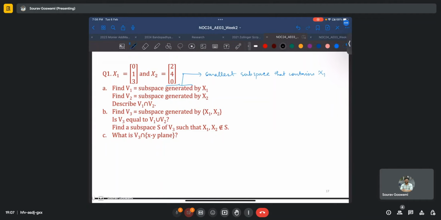And one very useful thing would be to actually visualize this question. Since we are in three dimensions, we are still in R3 because the number of components is three. So we can still draw this in a right-handed system.